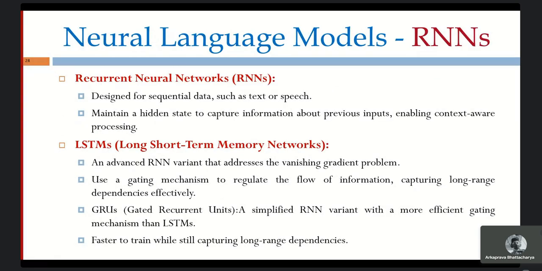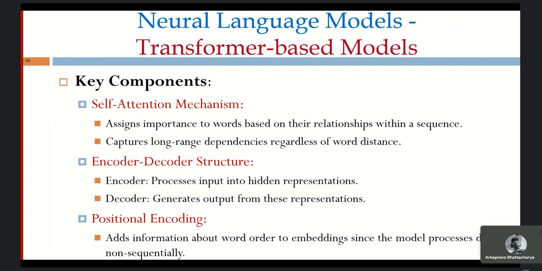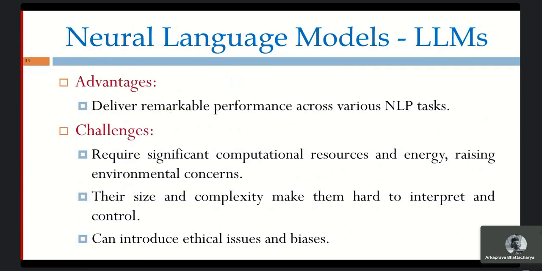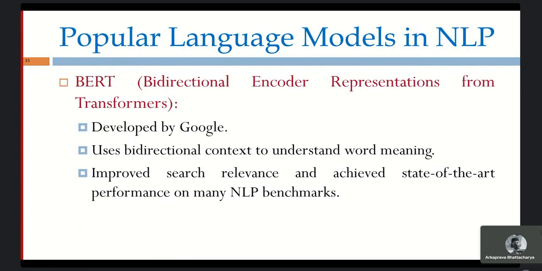I will not get into detail on recurrent neural networks and LSTMs because you got detailed input on them. So I'll move forward to the language models, but before that I want to go through all these popular language models in NLP.